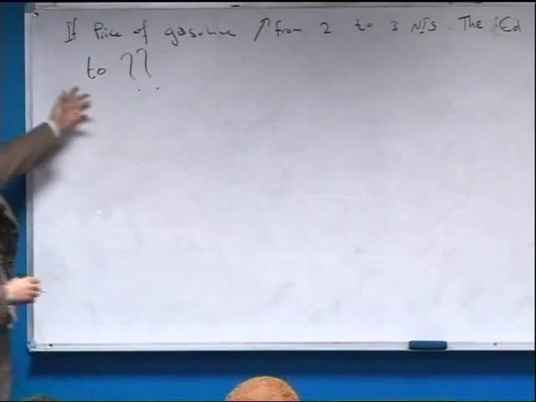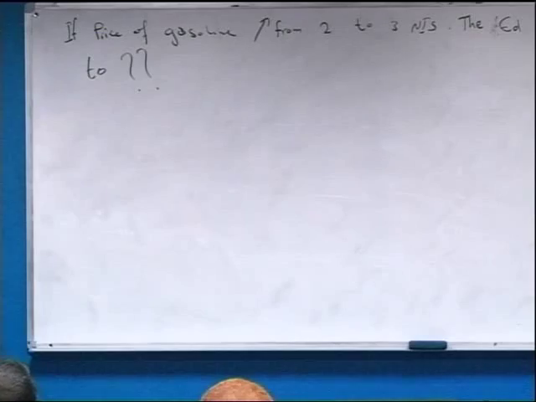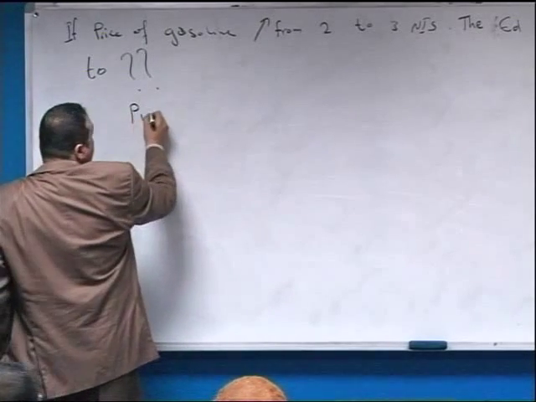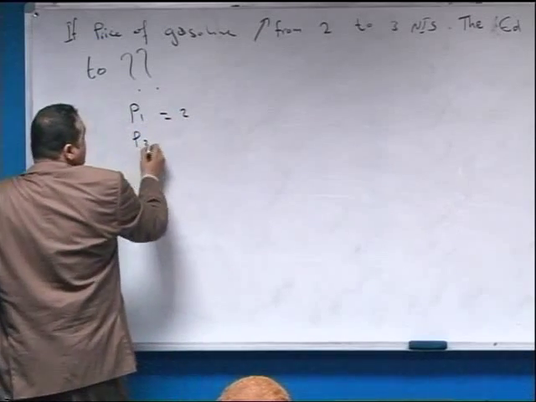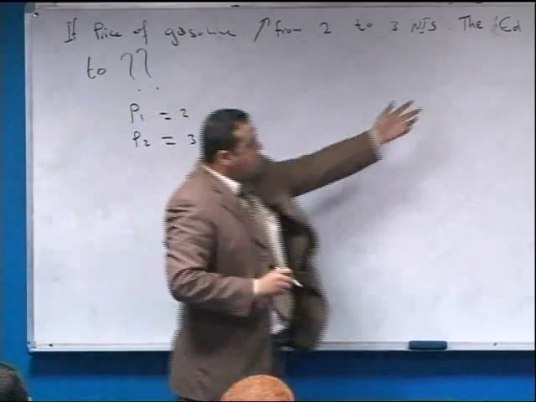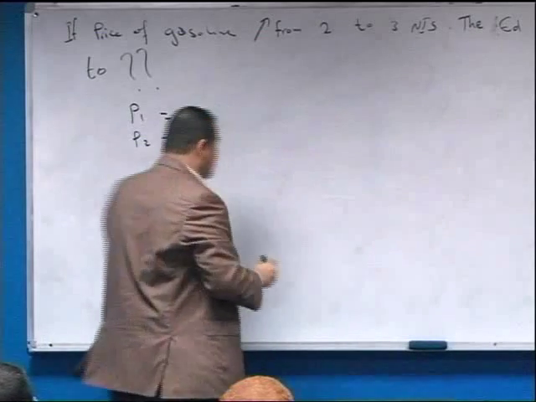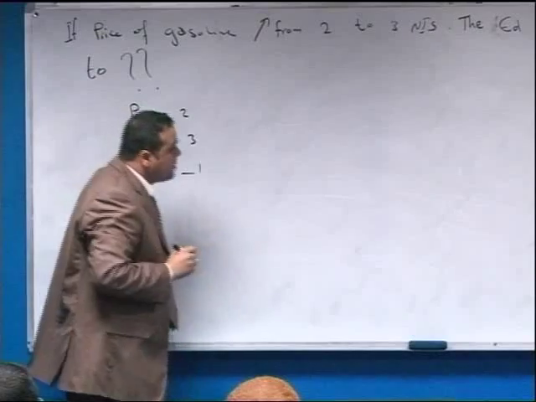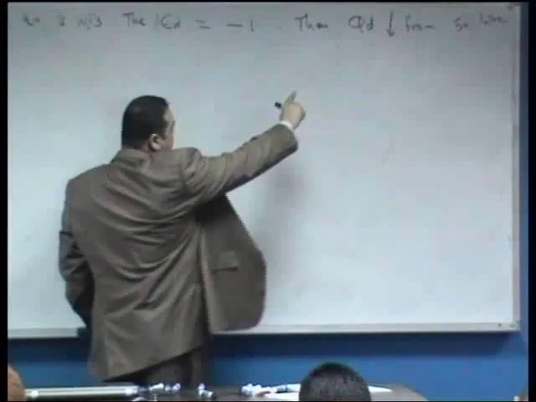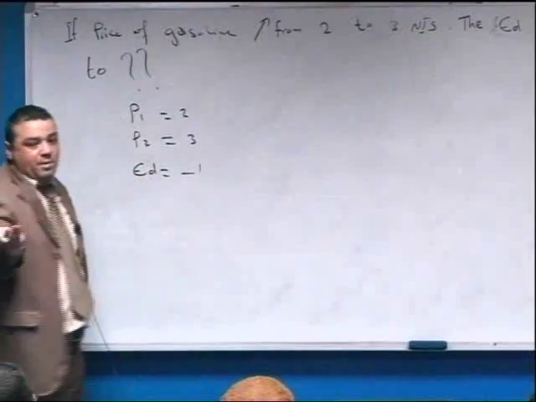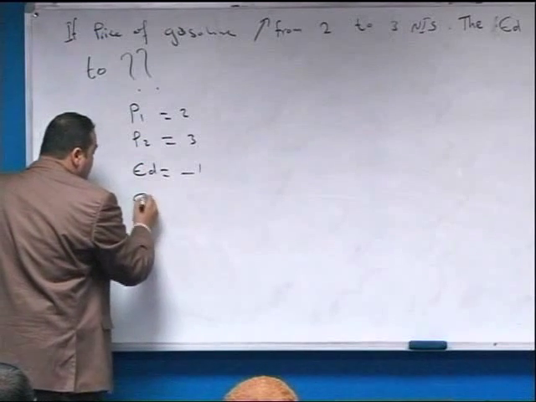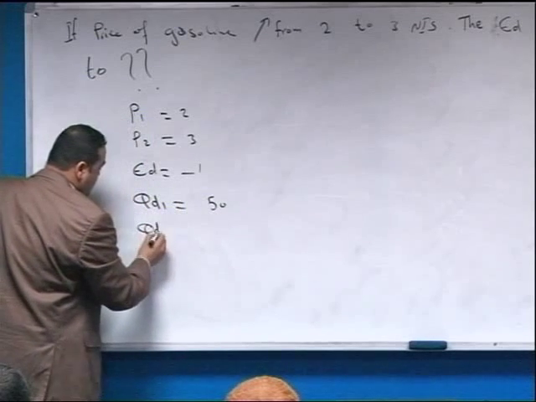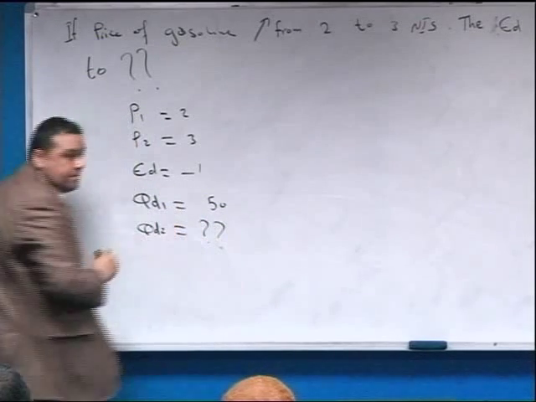So, if the price of gasoline increased from 2 to 3 shekels, so P1 equals 2, P2 equals 3, the price elasticity of demand equals -1, so the demand is unitary elastic. Then the quantity demanded declined from 50 to how much, we don't know. So QD1 equals 50, QD2 is unknown.